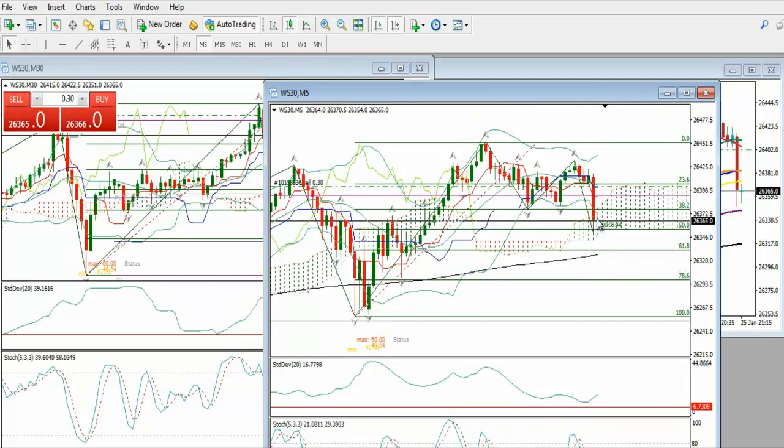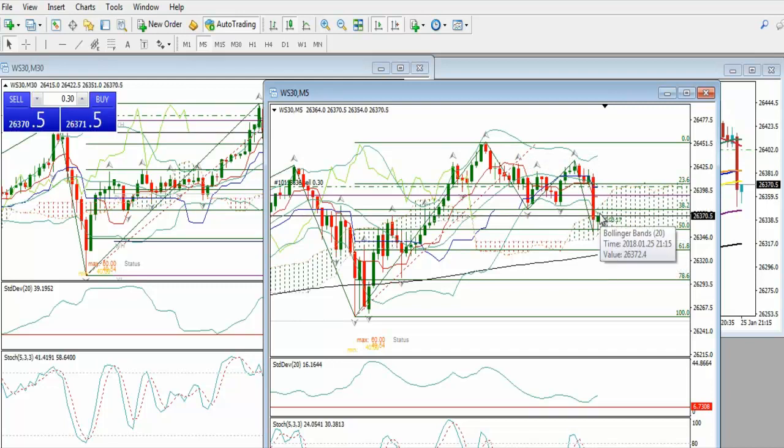But as we can see here, we had retraced right there at 38.2. The market did a double bottom right here. It was showing that, okay guys, I'm going up now, but this fractal here made me think that we may have a retracement even lower, and that retracement came here.